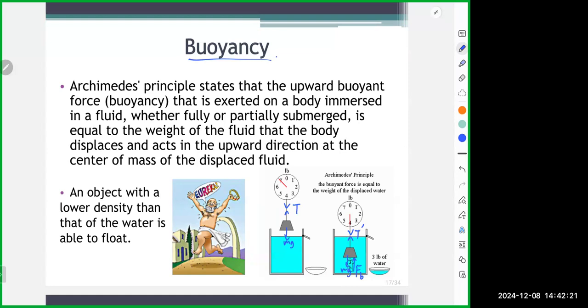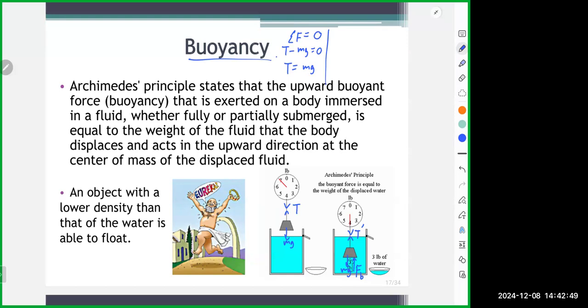So for this one, if the system is held without acceleration, T minus mg equals 0. So you can get T equals mg, which is 4 pounds.